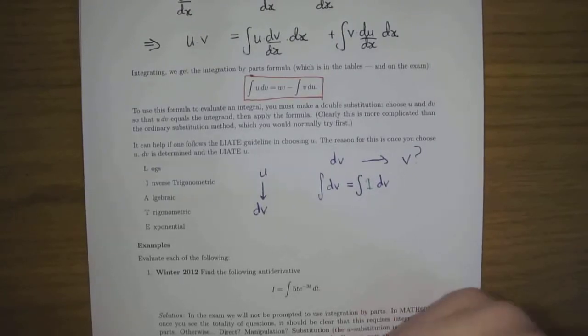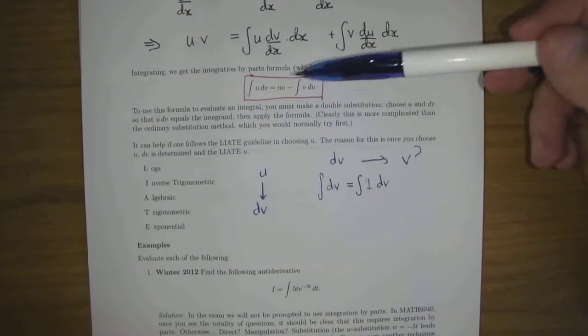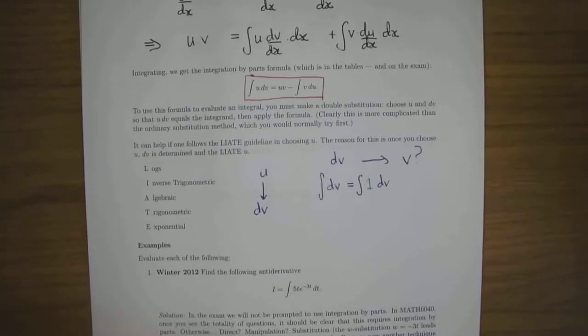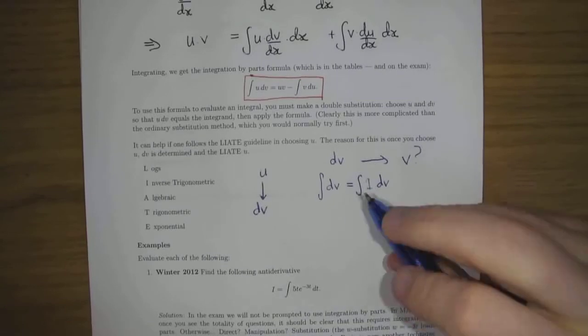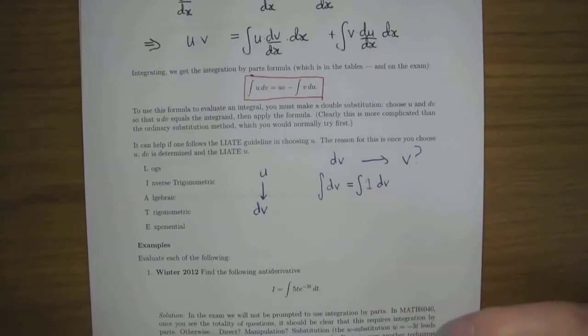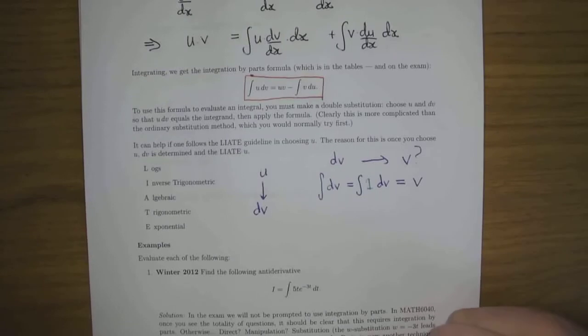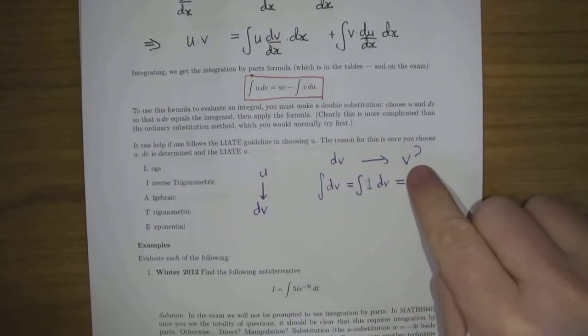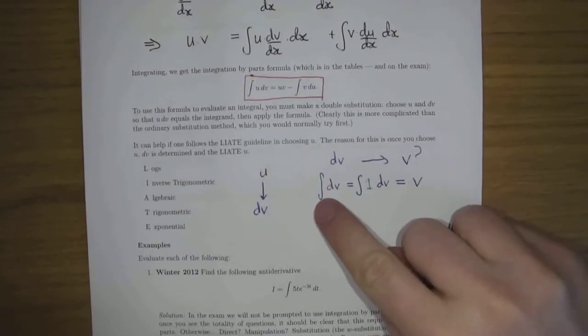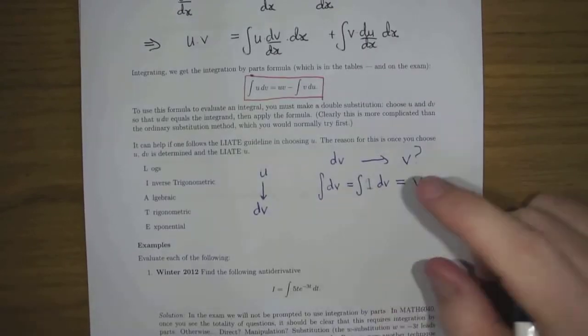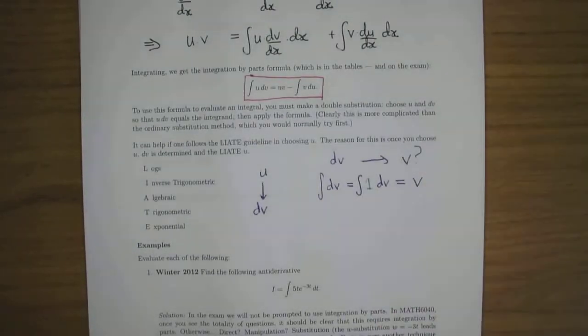You can change this formula slightly, and this specific problem kind of disappears. But anyway, the question is, what is the antiderivative of 1 with respect to v? So what is the thing that you differentiate with respect to v and you end up with 1? Well, the answer would be v. So this is one explanation of it. If you want to get v, I'm going to say anti-differentiate dv, which is a little bit dodgy, but anyway, that's one way of doing it.